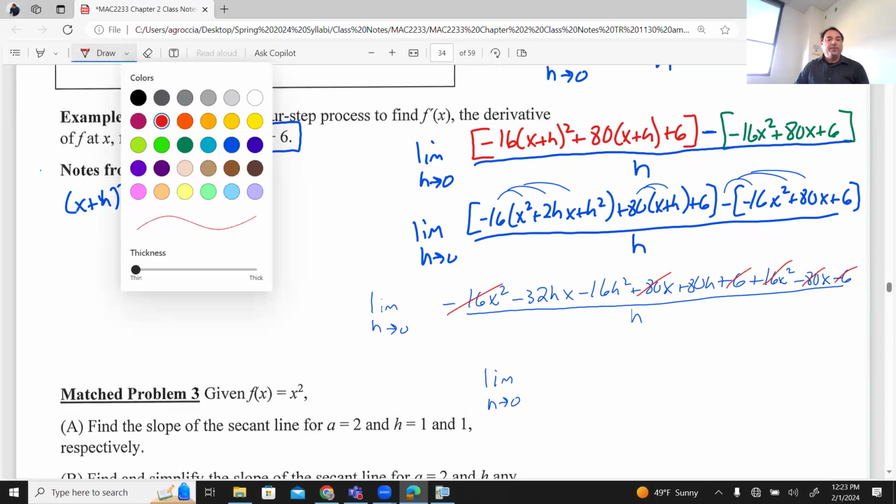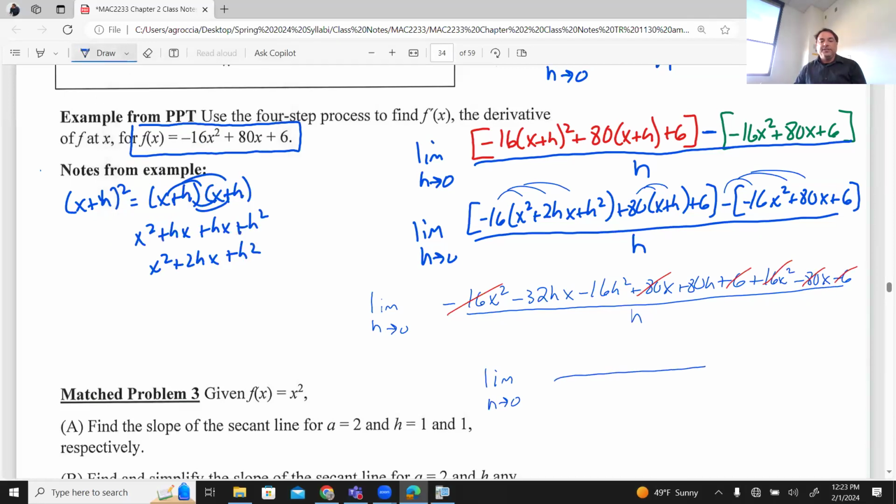Which leaves us with, and again, this is all algebra, negative 32hx minus 16h squared plus 80h, all over h.